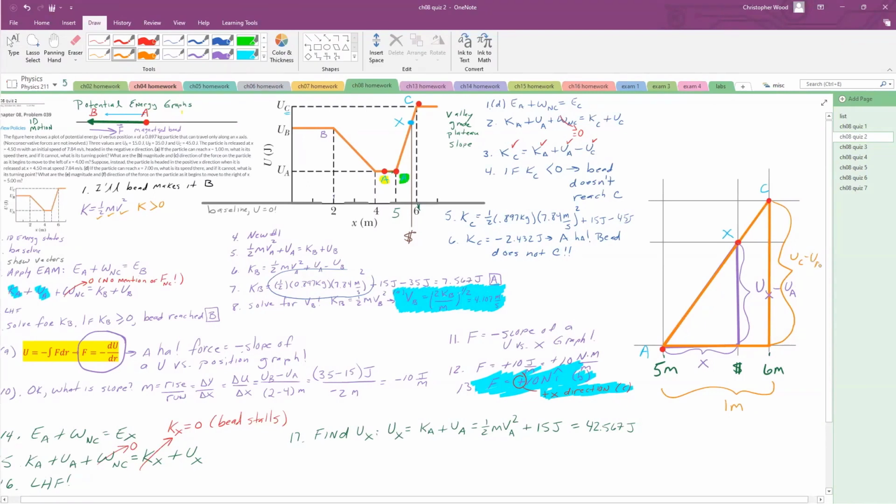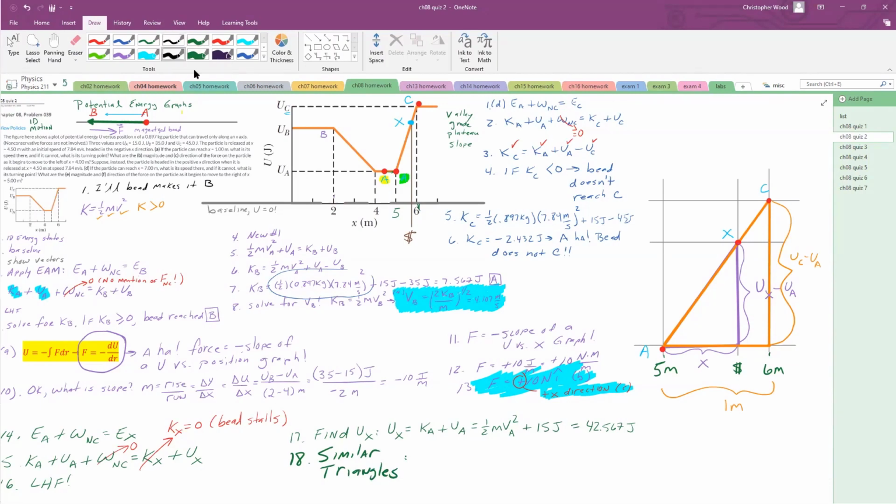UC minus UA. So now it's off to similar triangles. Number 18. Okay. So similar triangles means the following. Looking at the purple triangle, X over UX minus UA is going to be the same as the orange triangle.